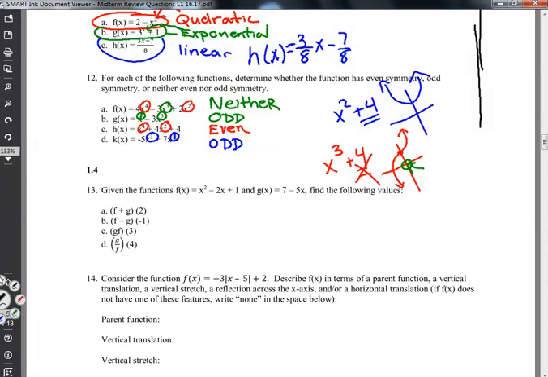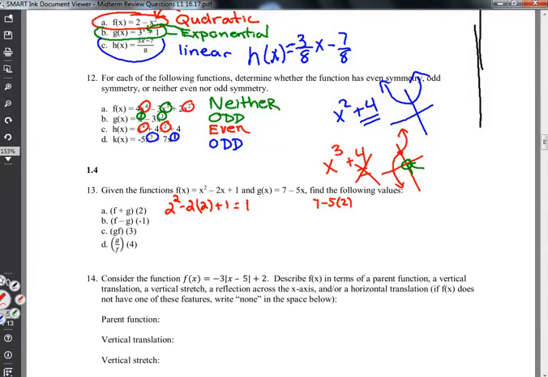So if I just put 2 in for here, I would get 2 squared minus 2 times 2 plus 1. If I put 2 in over here, it would be 7 minus 5 times 2. So that will give me 4 minus 4 plus 1 would just be 1.